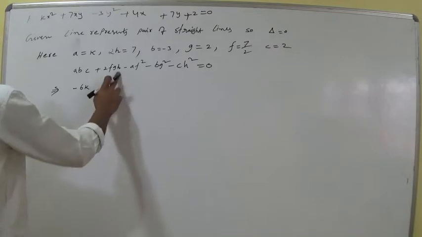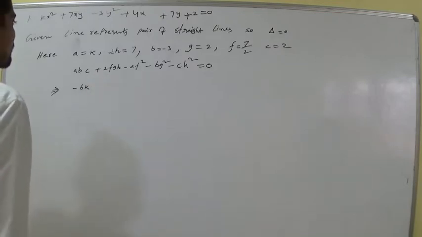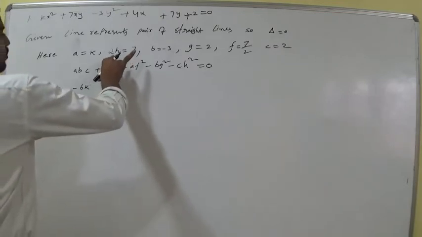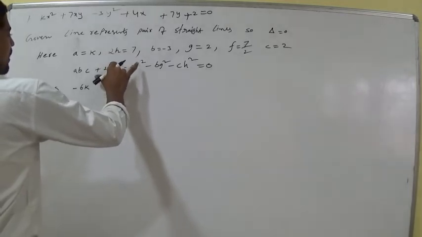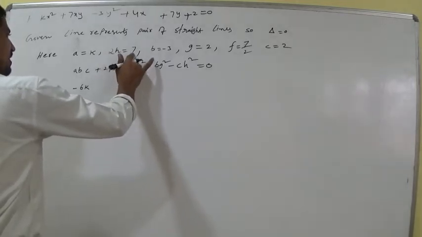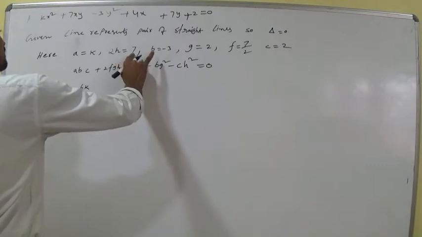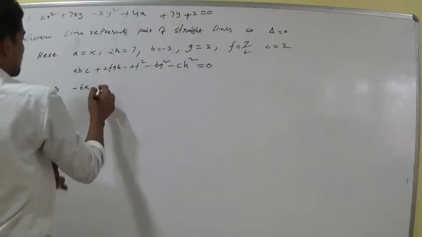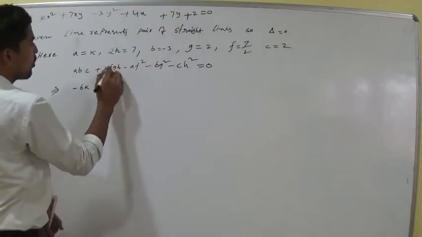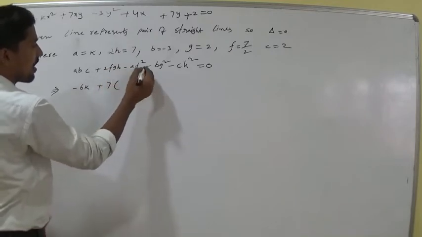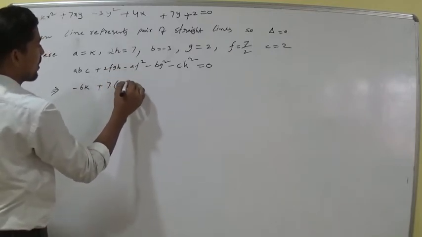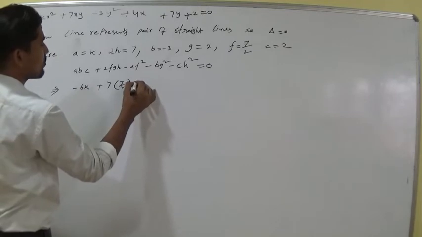Next, 2fgh. Here I have taken 2h, 2h is equal to 7. What is f? Let us write the values. 2h is 7, what is f here? 7 by 2. What is g here? 2.